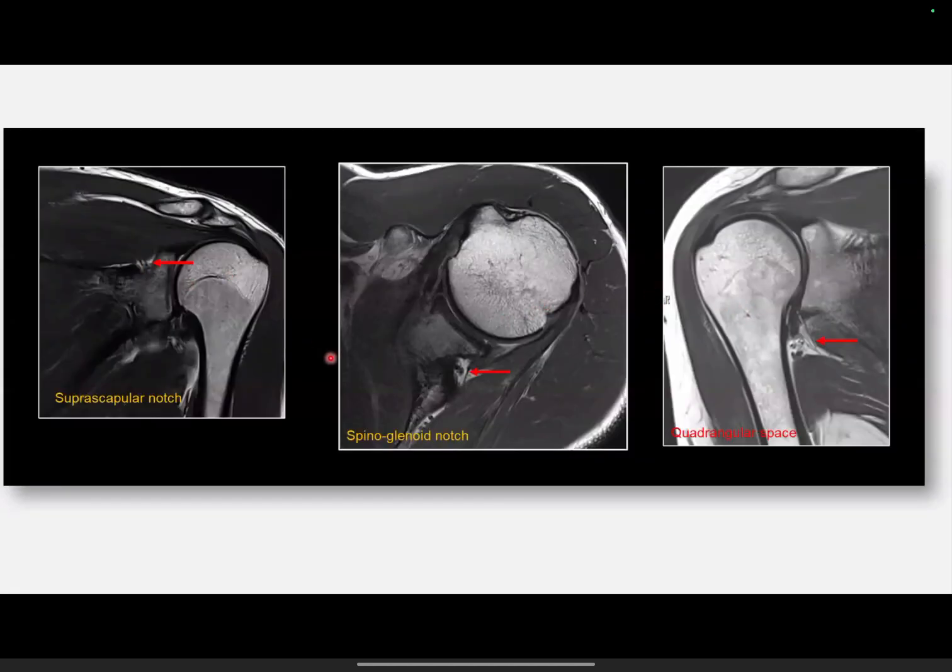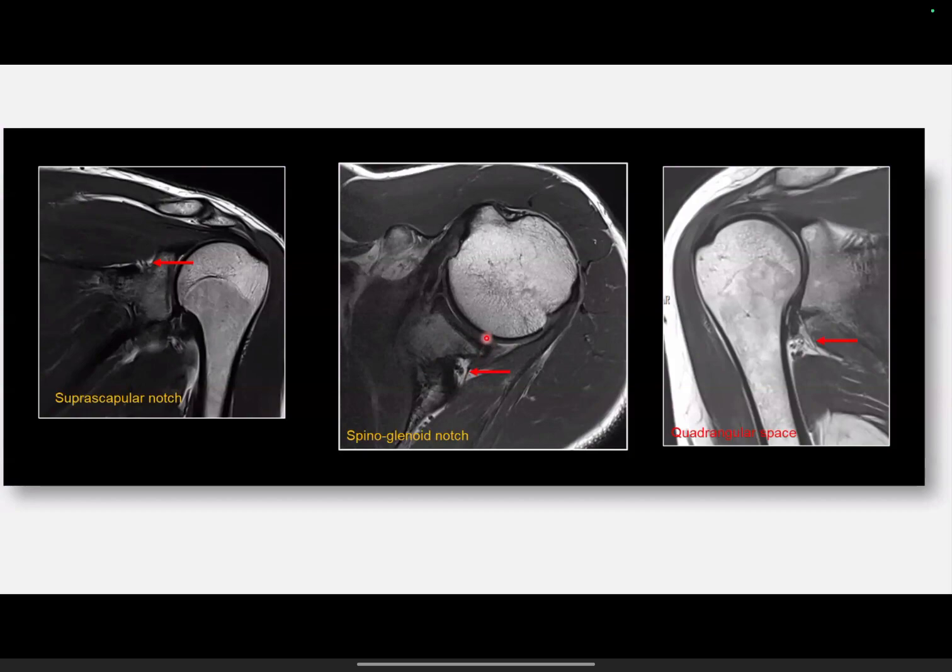These are the three common sites where nerve gets compressed. So this is suprascapular notch, this is spinoglenoid notch, this is quadrangular space. So whenever you see any denervation related edema in supraspinatus and infraspinatus both, you should see this area very carefully. Whenever you see only infraspinatus muscle denervation edema, you should see the spinoglenoid notch very carefully.